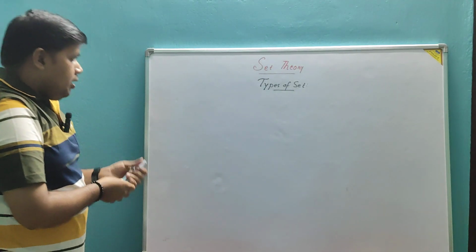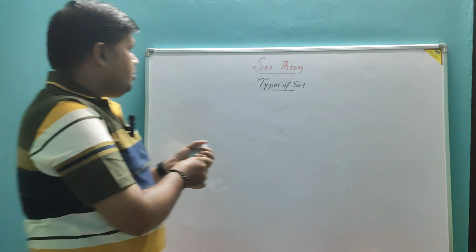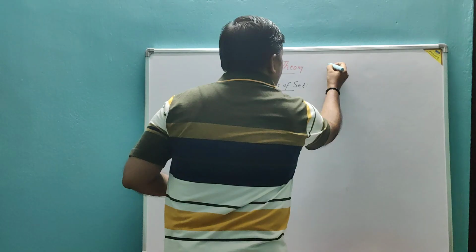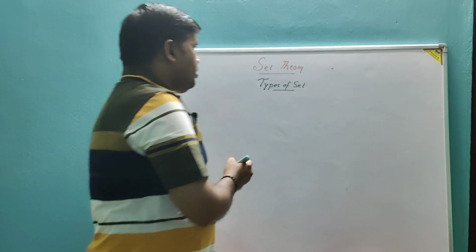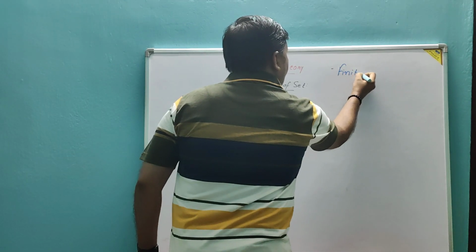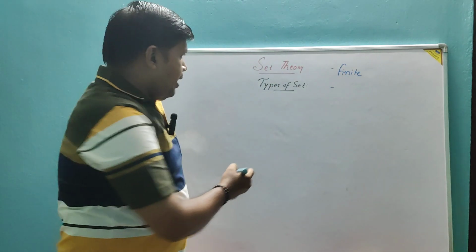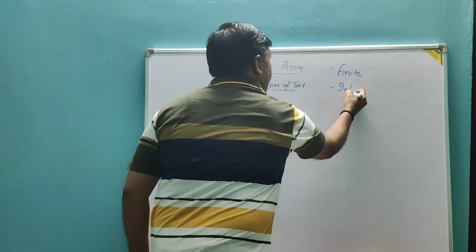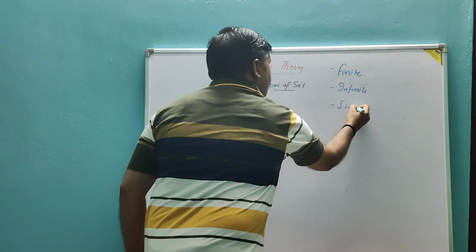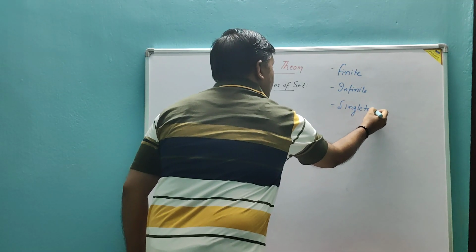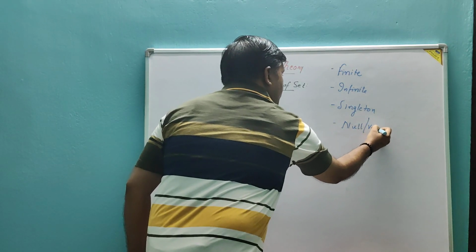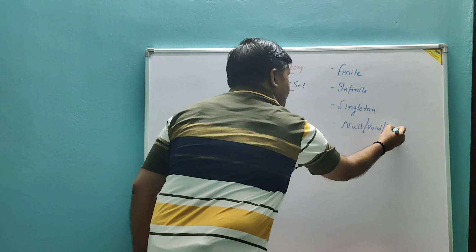So let's first list out the different types of sets and then we will discuss them one by one. The first is finite set, infinite set, singleton set, null set or void set, which is also called empty set.